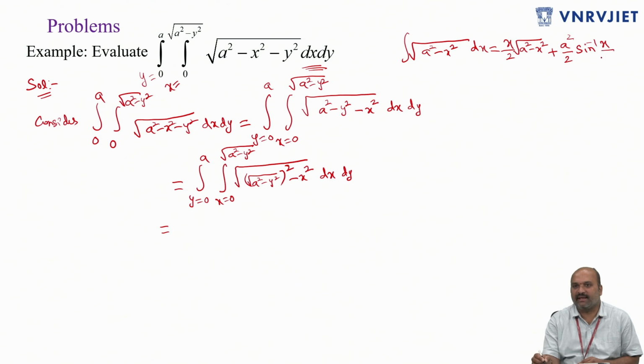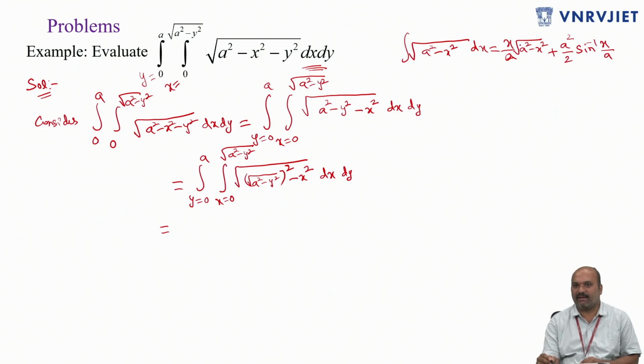What is a? Okay, this is actually the formula. The integral of root over a square minus x square dx is x by 2 root over a square minus x square plus a square by 2 sine inverse of x by a.